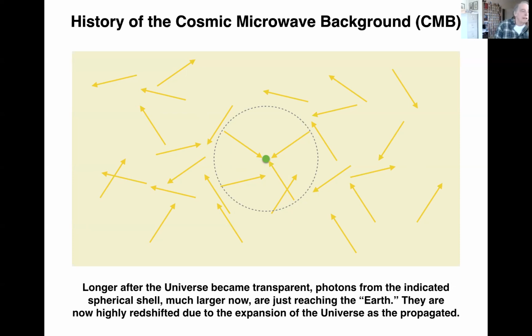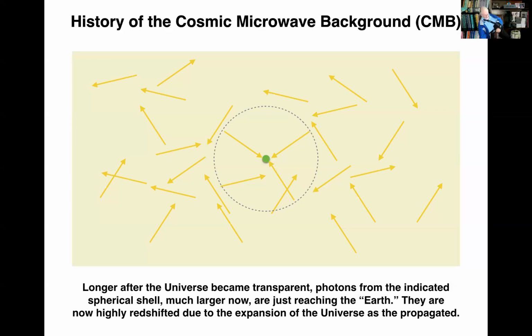These are the photons that have originated from this dashed line circle and are just arriving at the Earth today. They left that dashed circle when the universe was getting cooler than 3,000 degrees, became transparent, and the photons started flying in every direction. And now photons that happen to have left that dashed sphere directed towards the Earth are arriving at the Earth.